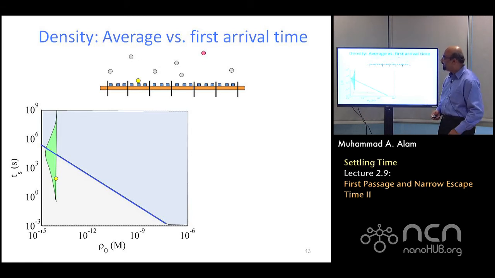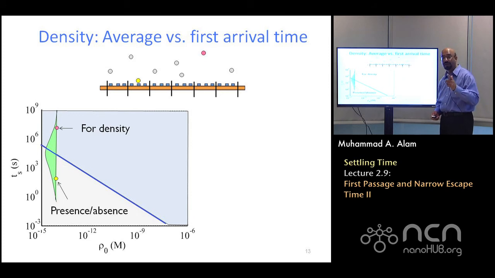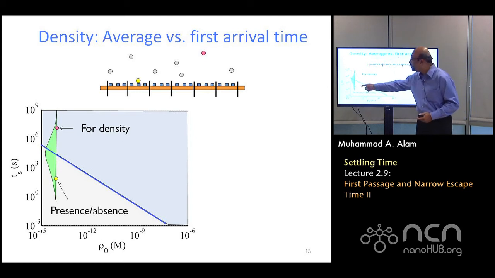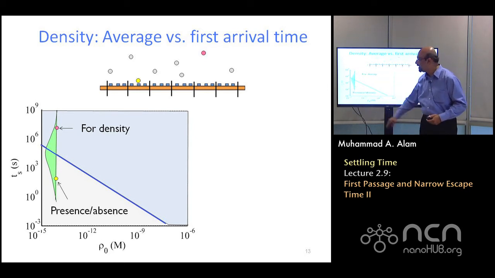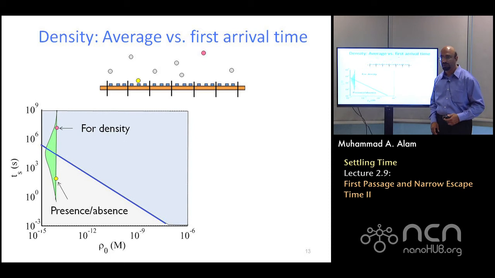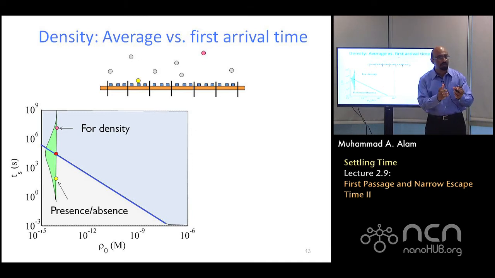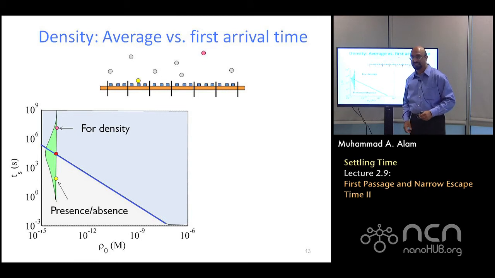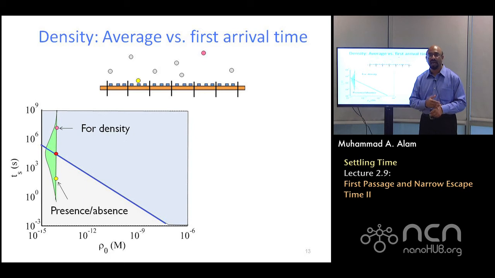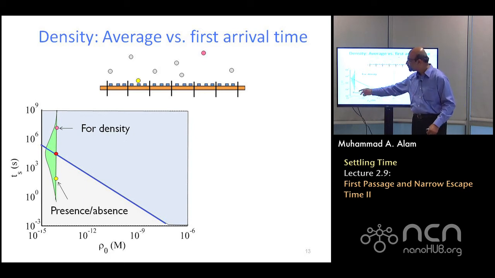However, if you are interested in density, you want to know what is the density you want to measure, in that case, you have to measure the entire distribution, at least 95% of the total distribution, because only then will you be able to calculate the average response. For an unknown solution, if you want to calculate the density, the whole distribution is necessary, and that's what makes life difficult for measurement at very low density.